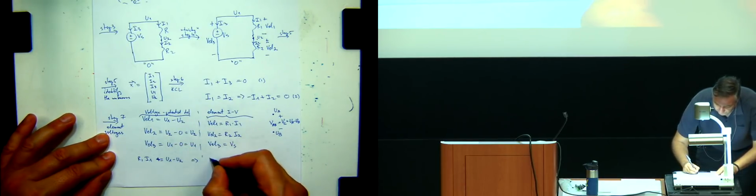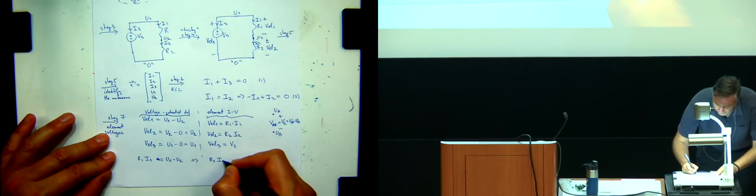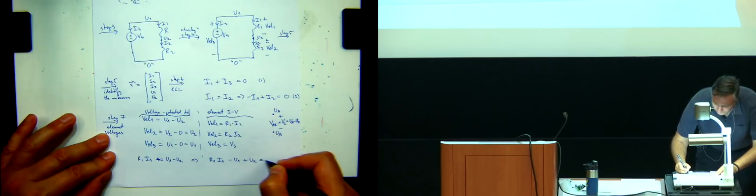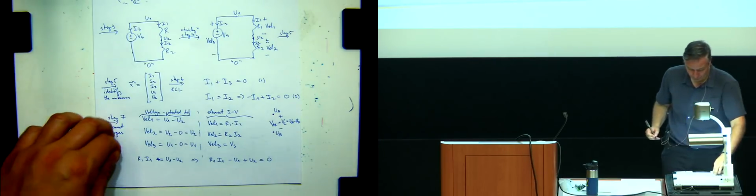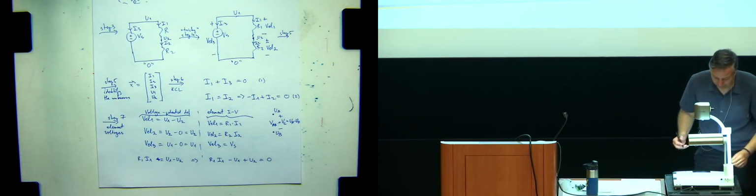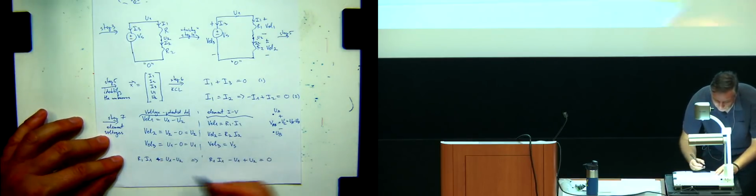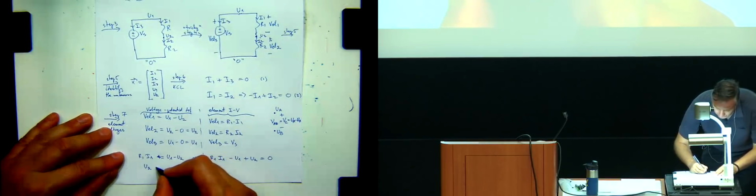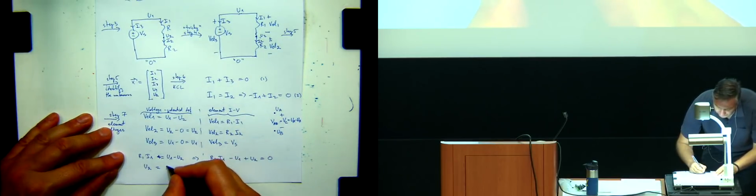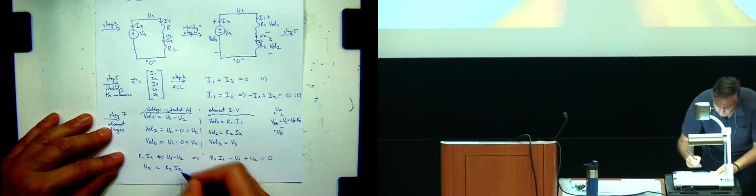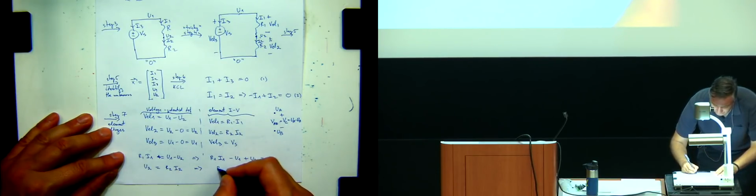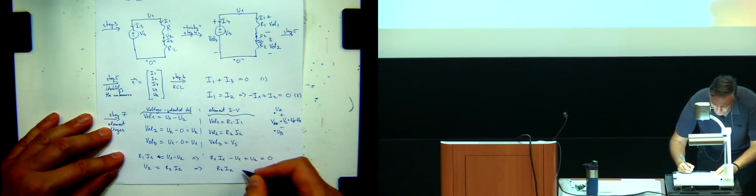From here, I will write it in a matrix form: R1 I1 minus U1 plus U2 equals 0. That's one. The second one is U2 equals R2 I2, so I can rewrite that as R2 I2 minus U2 equals 0.